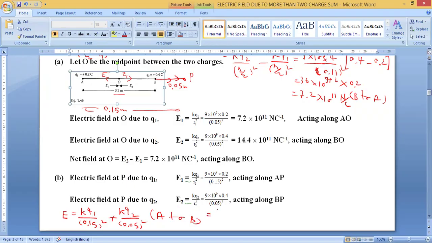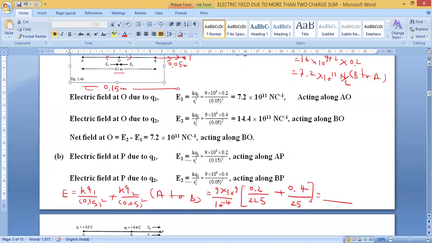So now K is equal to 9 into 10 is to 9. दोनों में से 10 is to minus 4 common. Q1 is equal to 0.2 divided by 15 square means 225 plus Q2 means 0.4 divided by 5 square 25. Now calculate and take answer.